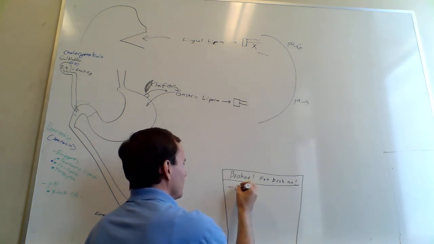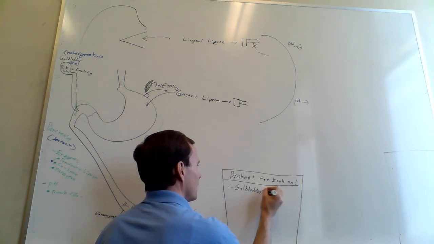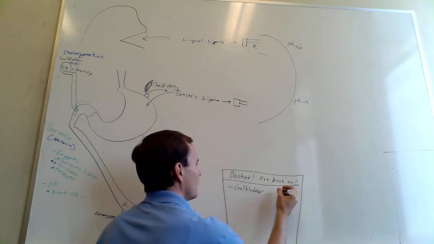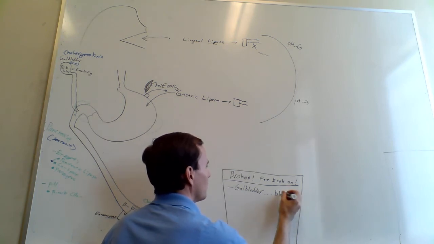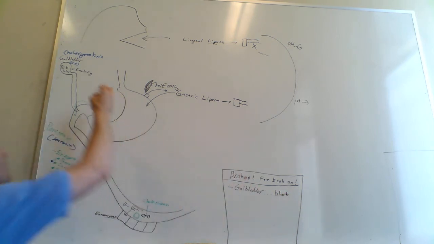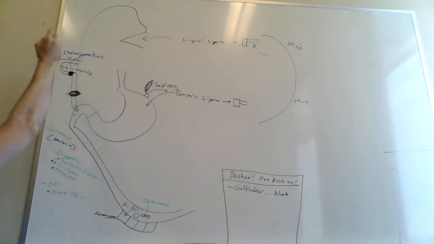So we can have the gallbladder duct blocked. So that would be right here, or right here is probably more likely. Gallstones, cholelithiasis, cholecystectomy, or whatever.